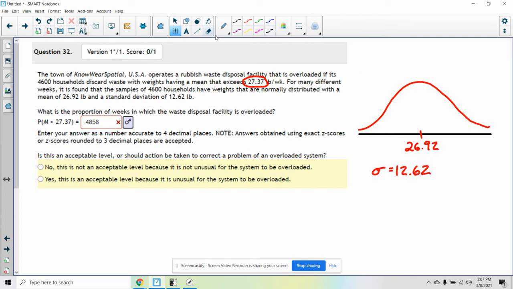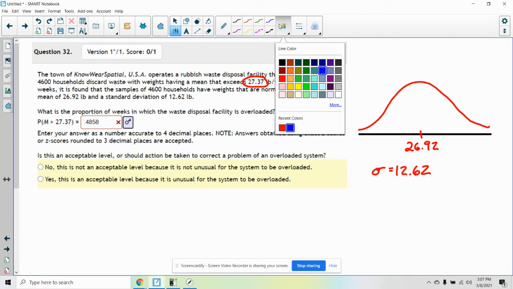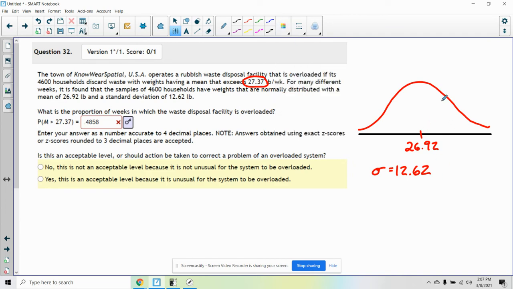I'm looking for the probability, or what percentage is above 27.37. So I'm looking for this area. What probability of weeks will it be overloaded? Basically, what percentage of samples will be overweight?